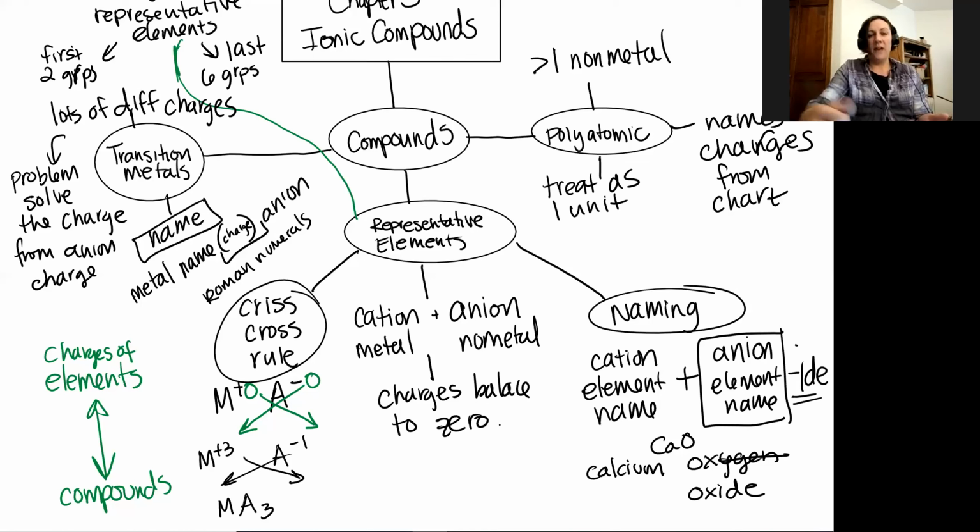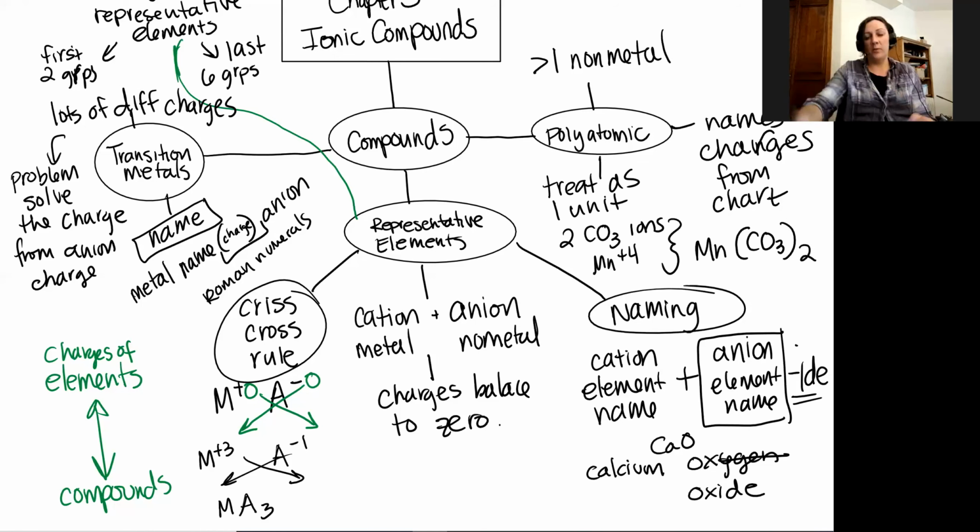So if I need 2 carbonate ions to balance out a manganese plus 4, then I'm going to write that as manganese, and then I'll put parentheses around the carbonate ion and then the 2 following.